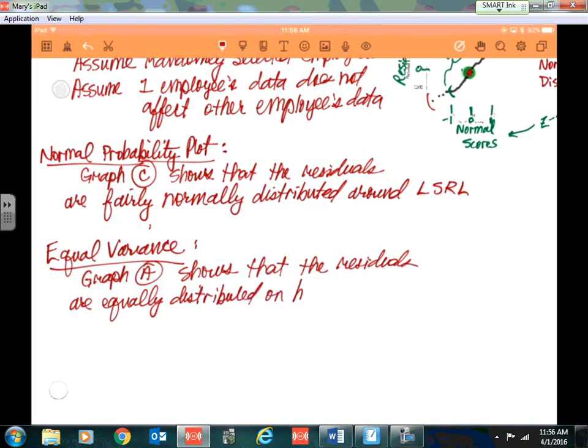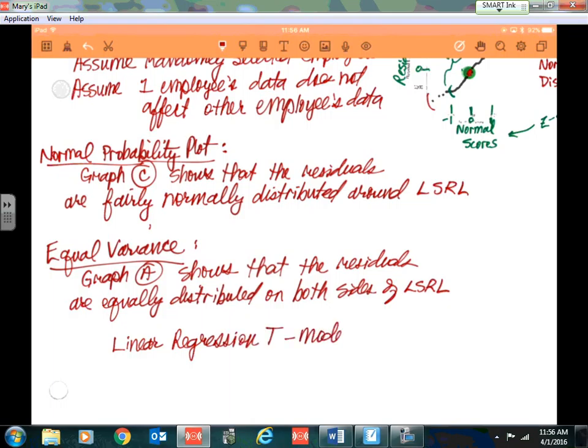On both sides of the least squares regression line. Yay, so that's all of our conditions, so we conclude with saying linear regression T model applies. Yay. Okay, so those are the conditions.